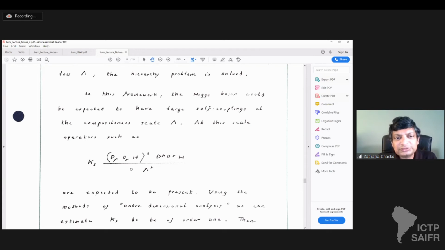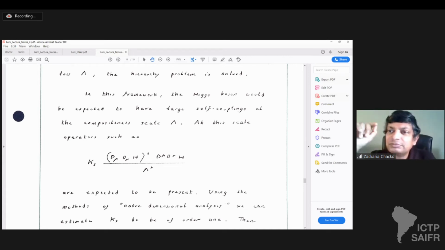So put a commutator here and put a commutator here. Now the commutator of D mu and D nu is the gauge field. That's the way, for example, Peskin and Schroeder defines the gauge field. So if you have a commutator here, you get a gauge field, and if you have a commutator here, you get another gauge field.